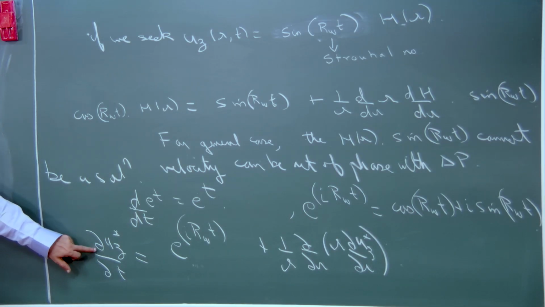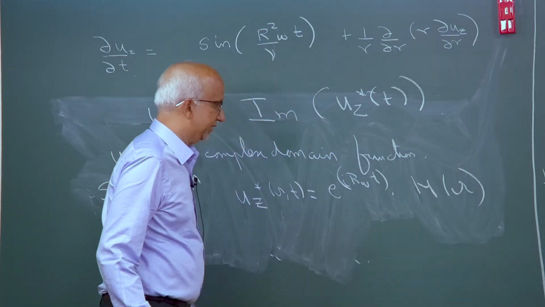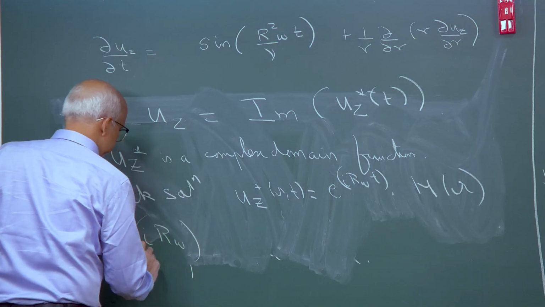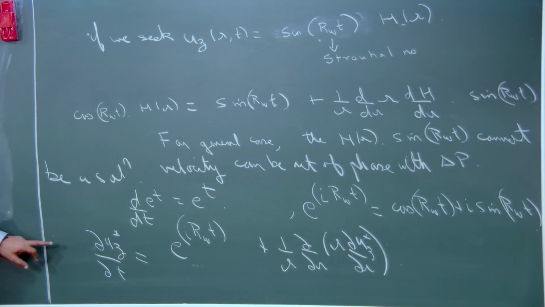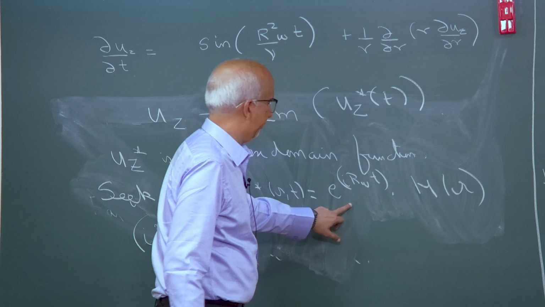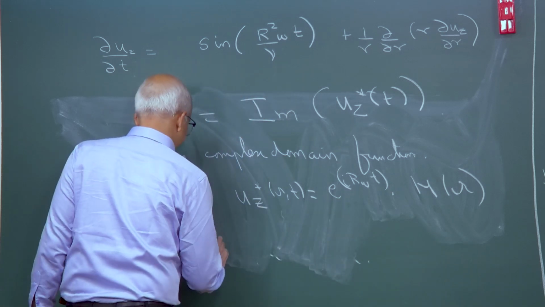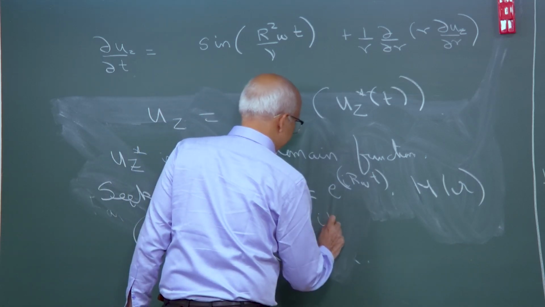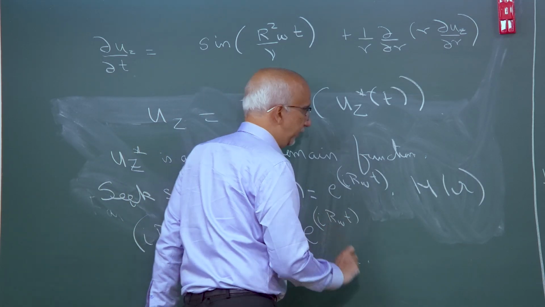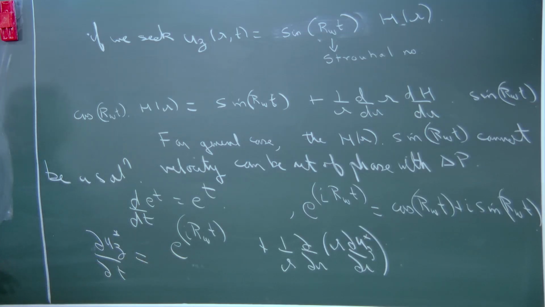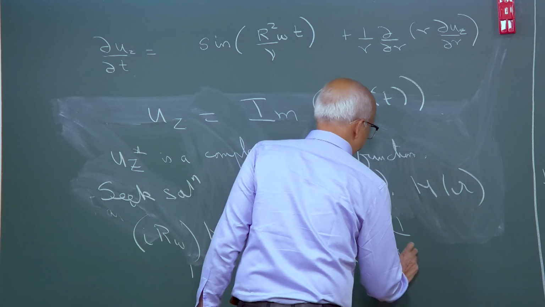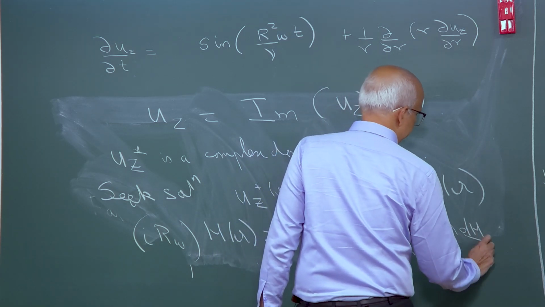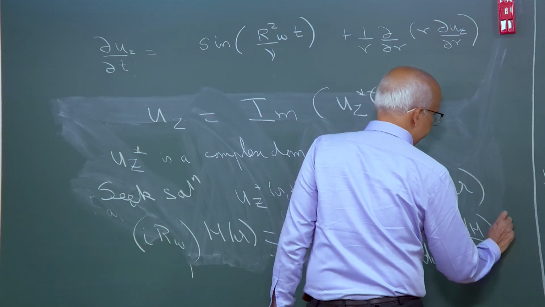When I substitute this back inside here, I will get on the left hand side I r w, differentiating with respect to time, times h of r equals e power I r w t, the non-homogeneity as it is, plus 1 by r d by dr of r dh by dr times e power I r w t.